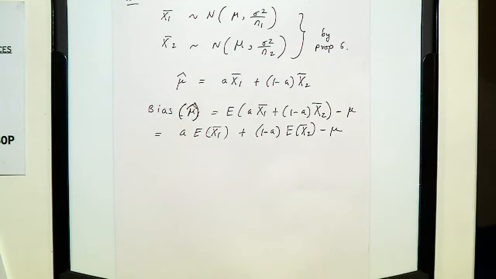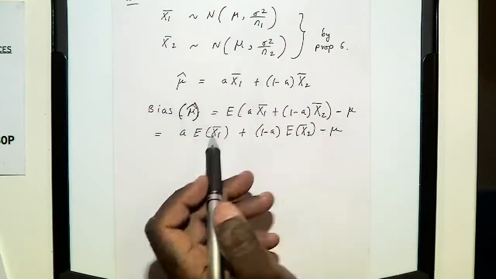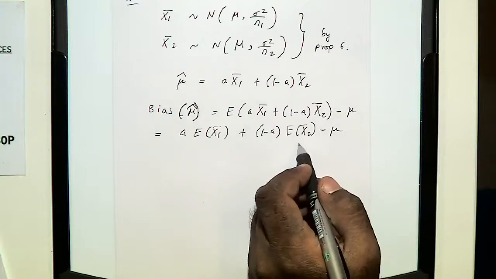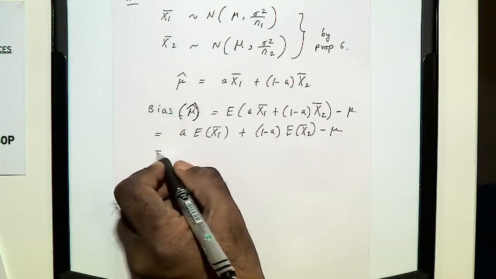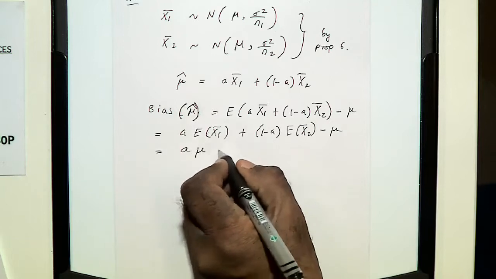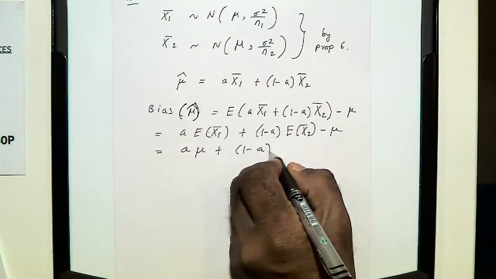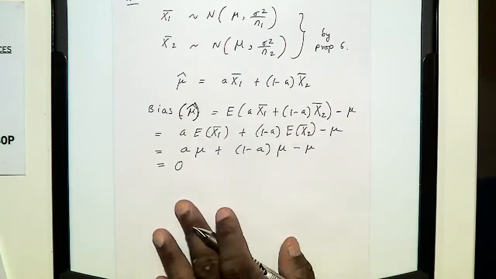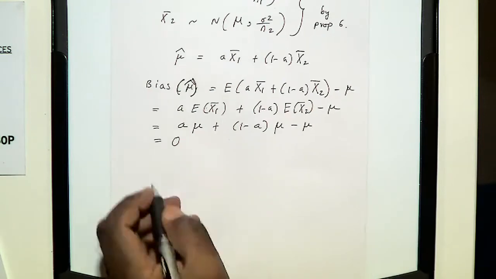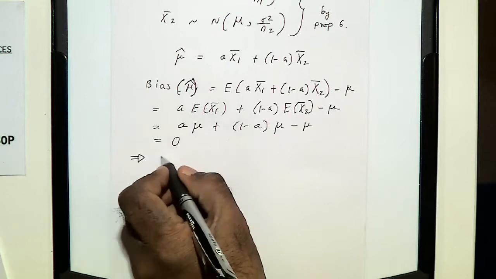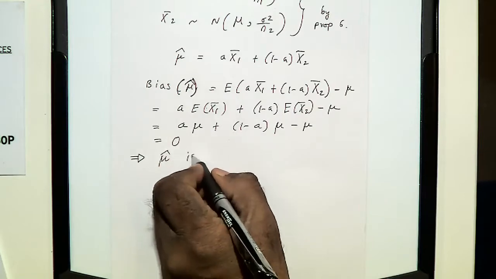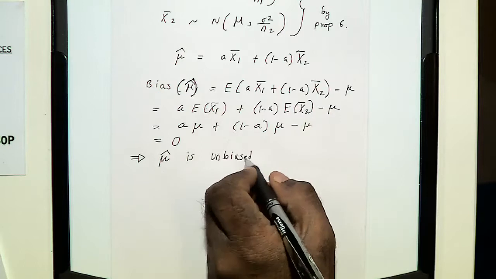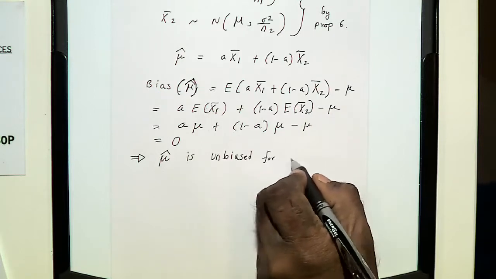Now we know from these two statements here that the expectation of x bar 1 must be mu, and the expectation of x bar 2 must also be mu. So this is a mu plus 1 minus a mu minus mu, which is clearly 0, right? So we have shown that mu hat is an unbiased estimator for mu.